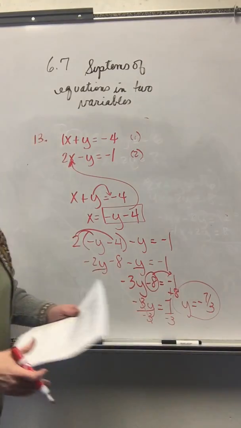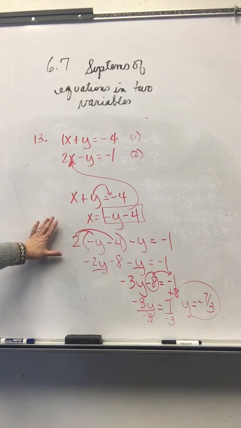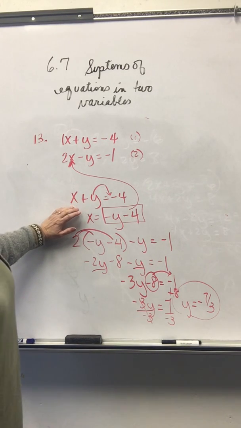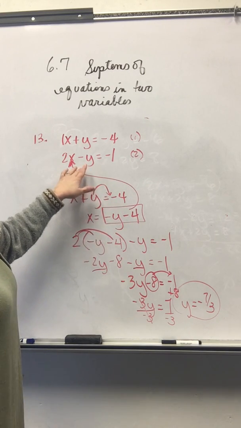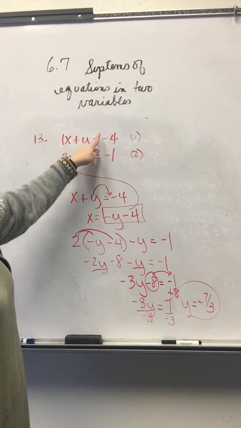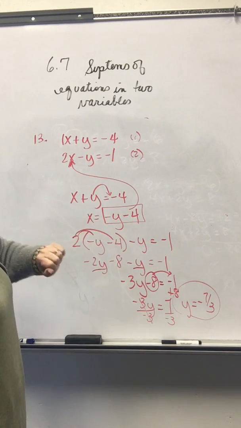Oh shoot, it's a fraction. So I'm going to double check my work, because I didn't think I started you out with a fraction. So let me double check here and see. You all check too. So I solved for x by throwing this y across the line, made it negative y minus 4, thought I had it.